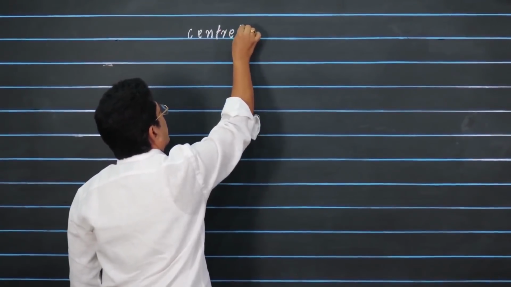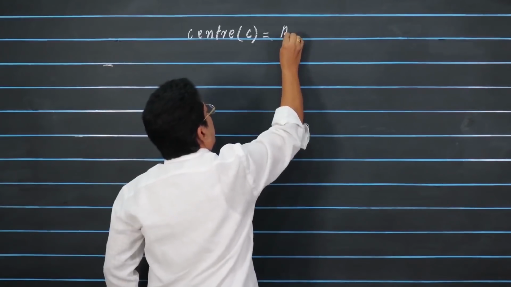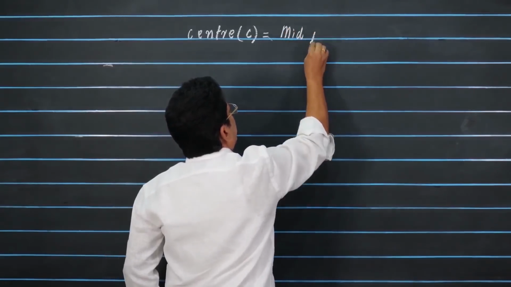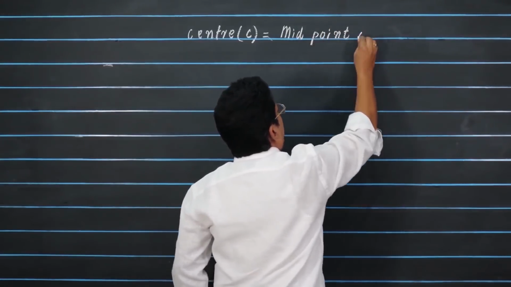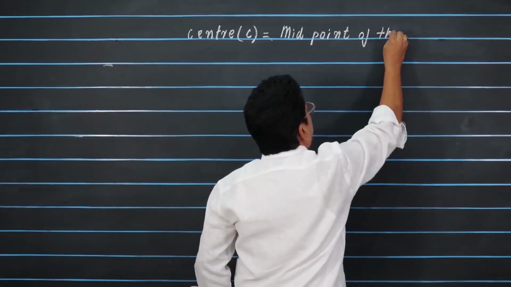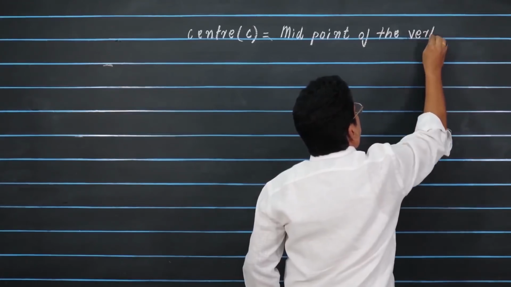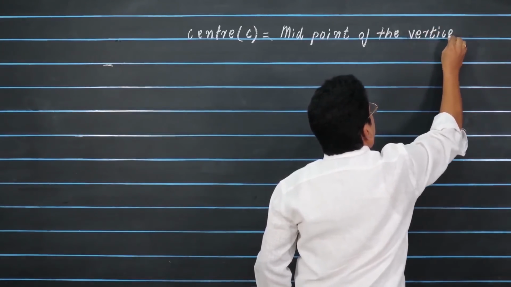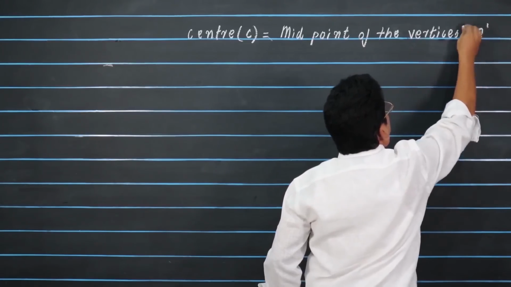Center C is equal to the midpoint of the vertices A A dash.